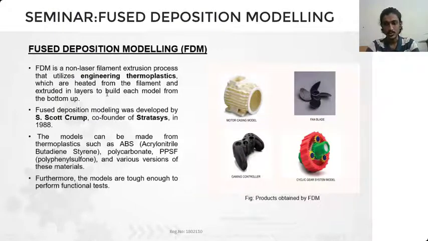Then we have a system of cyclic gears. All these are built by using the FDM process. And the raw material ranges: we have a wide range of thermoplastics such as ABS, polycarbonate, and PPSF that can be used depending upon the application and purpose.